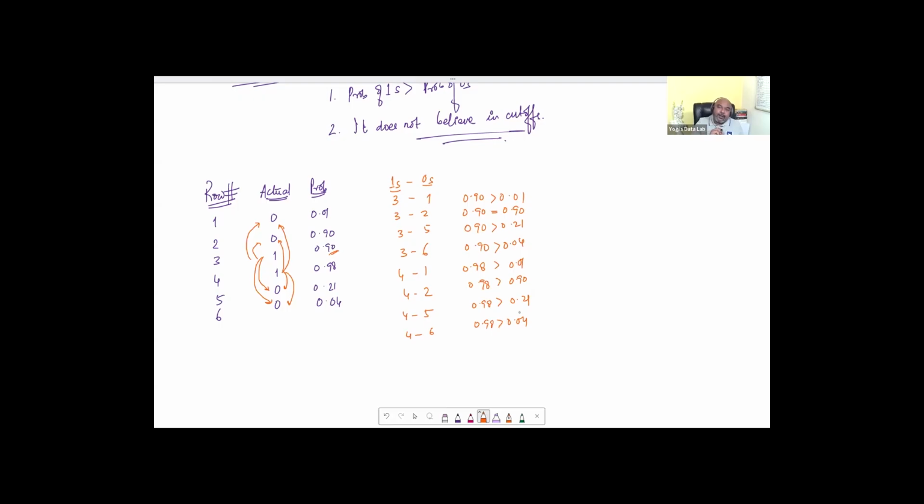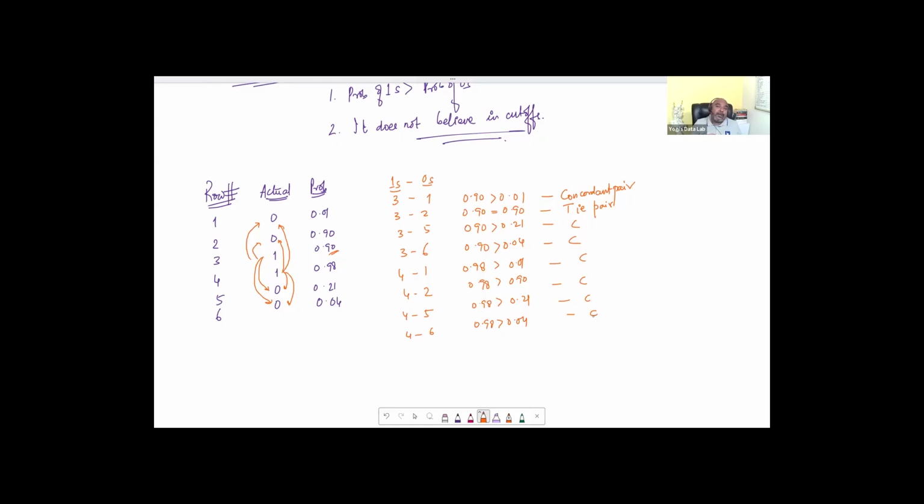So whenever the probability of 1 is greater than the probability of 0, it is called a concordant pair. When both the probabilities are equal, it is known as a tie pair. So this is concordant, concordant, concordant, concordant, concordant, and concordant.